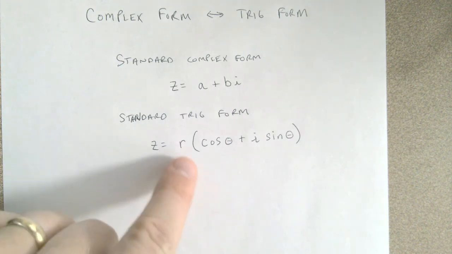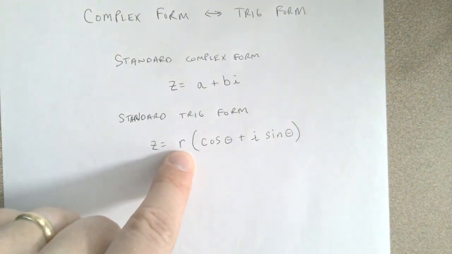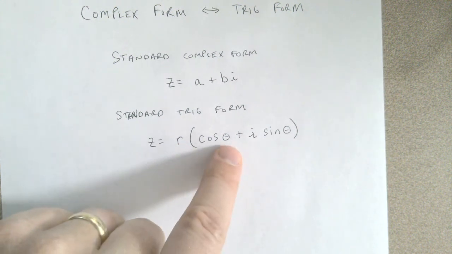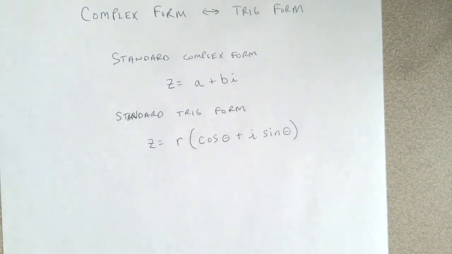And we know that r is going to be the radius, and theta is going to be the given angle.